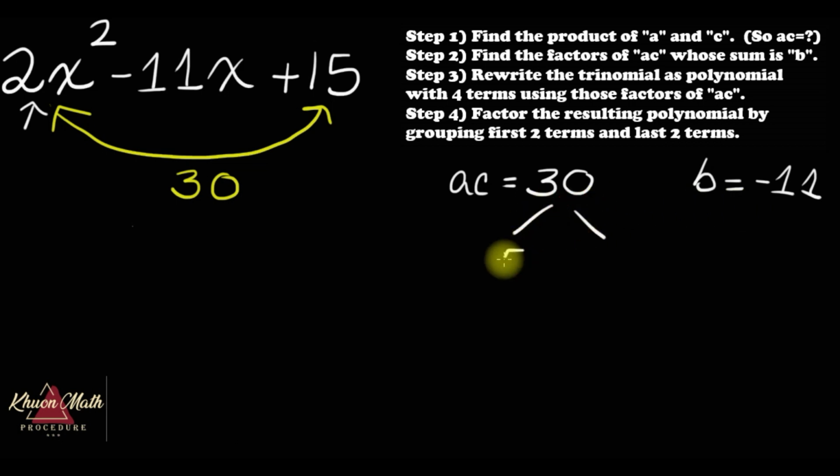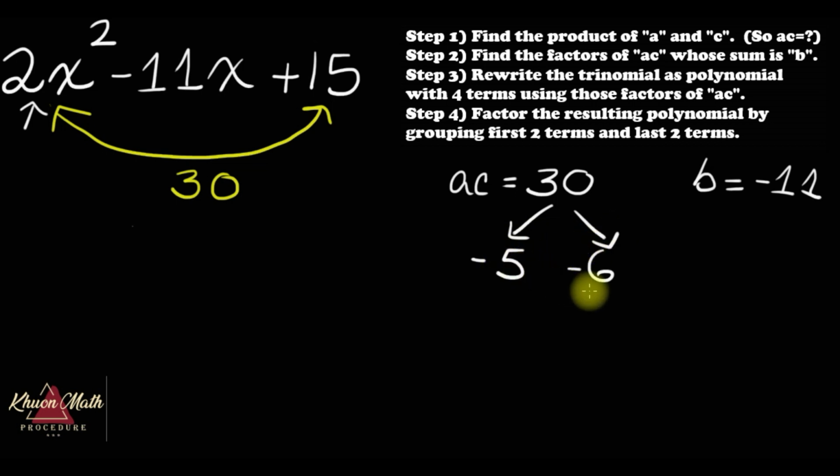So let's come up with the two numbers. Say we go 5 times 6. Well, 5 times 6 is 30, but 5 plus 6 is positive 11, so that's no good. How about we try negative 5 and negative 6?